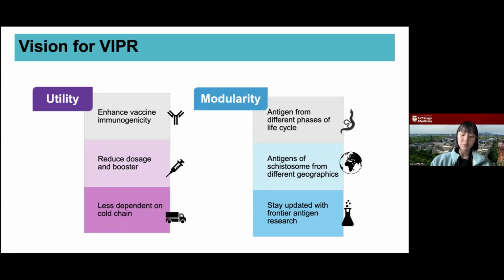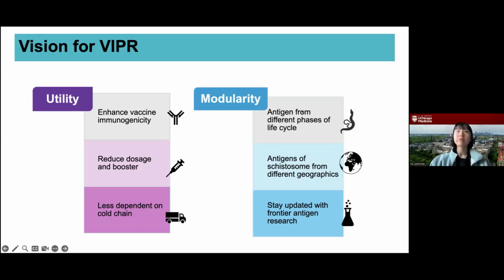There have been numerous efforts, but we really want to use this modular, three-dimensional structure of the virus-like particle to enhance a stronger immune response and also reduce the doses and the use of boosters to reach that optimal protection level.